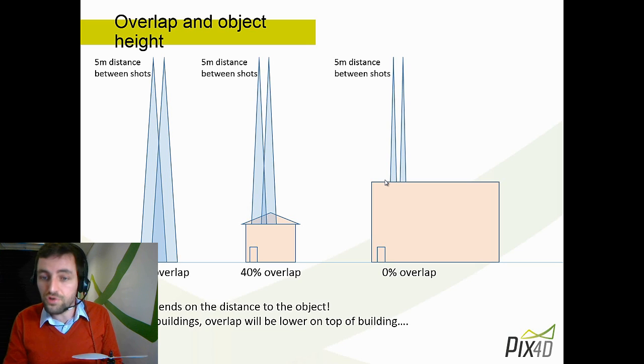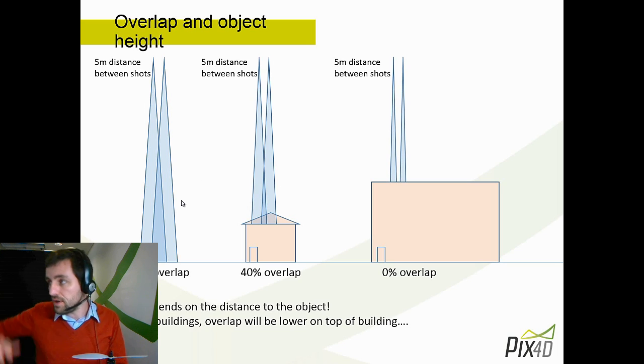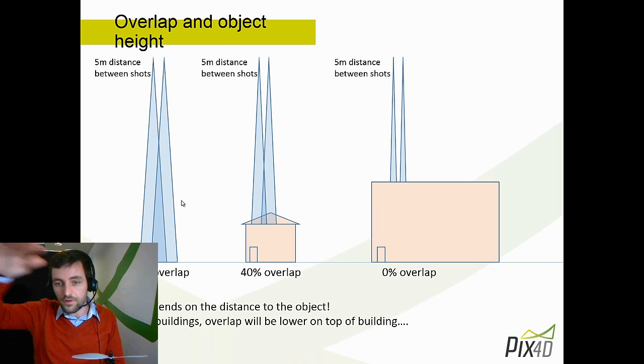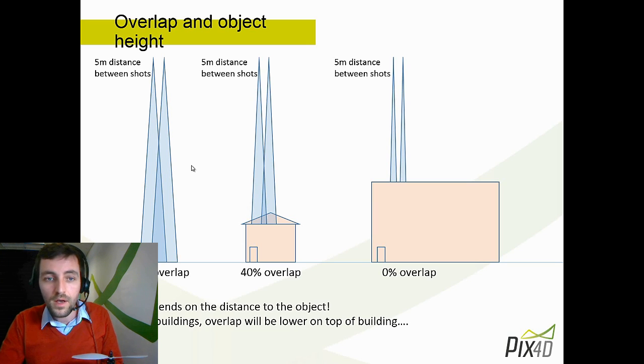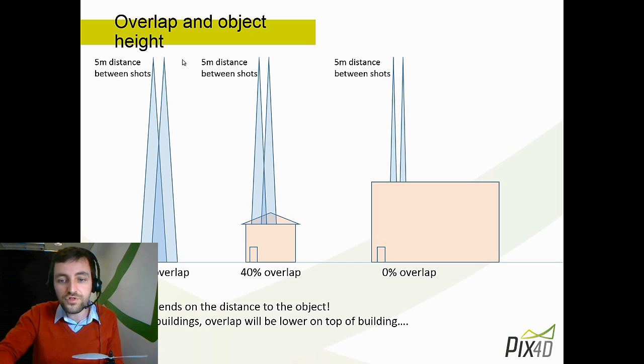So what should you do in this type of situation when you have buildings in the place you try to map? Well, you should set the overlap in Mission Planner with respect to the closest object to the camera and not to the furthest one.